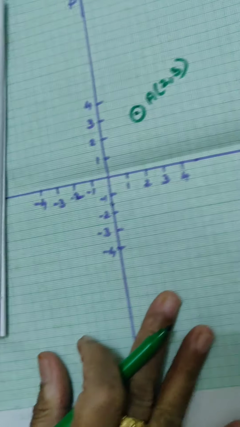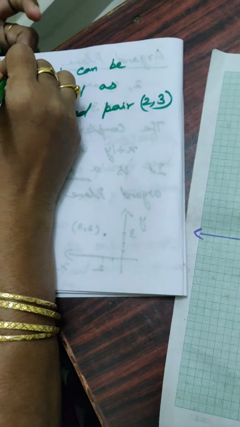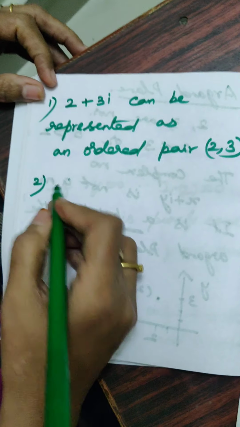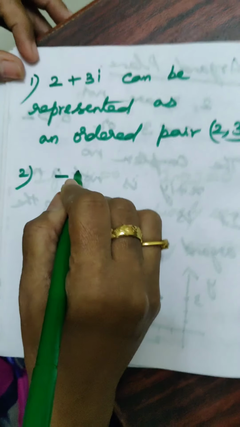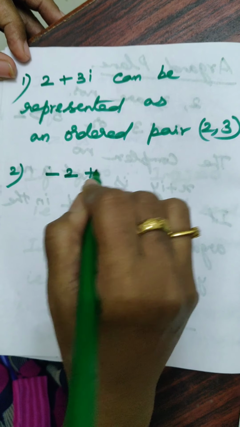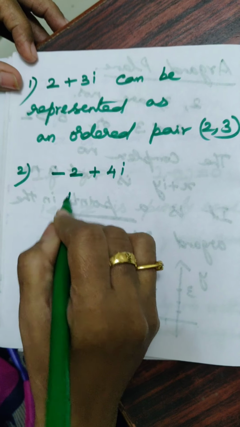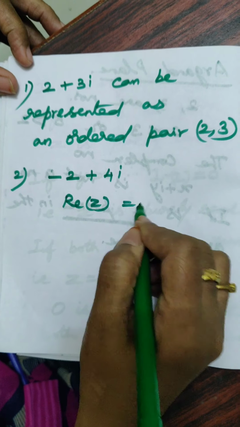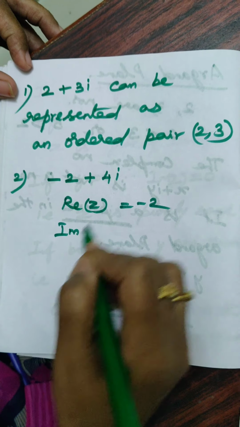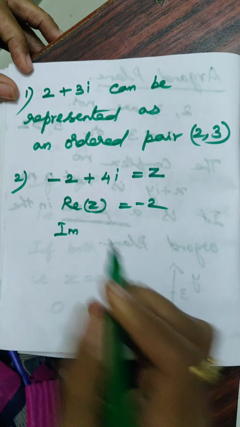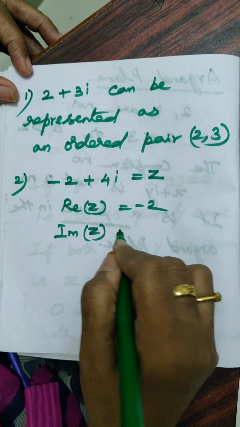Is it clear? This is the first one. Let's take a second example: minus 2 plus 4i. Let us take this complex number as z. What is the real part of z? The real part of z is minus 2. The imaginary part of z is 4.